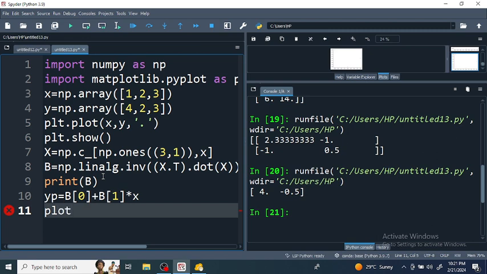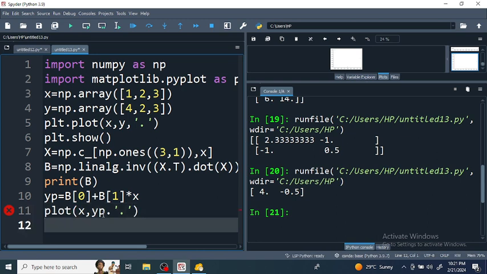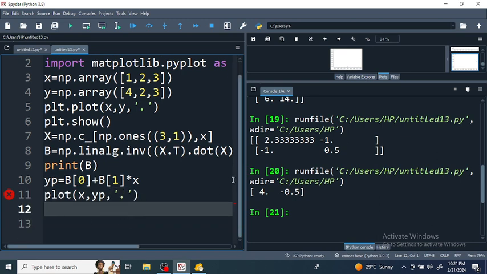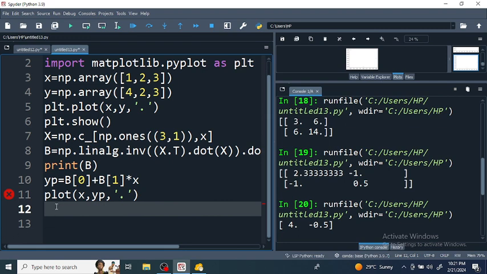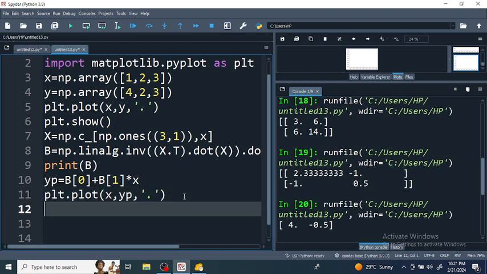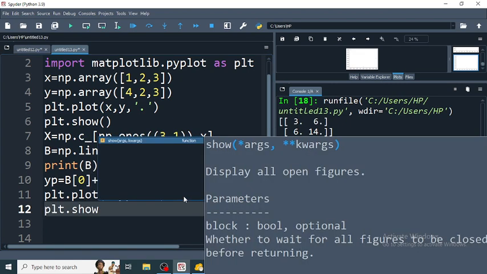So if you plot x and yp, since we want a scatter plot, we use plt.plot and then plt.show.